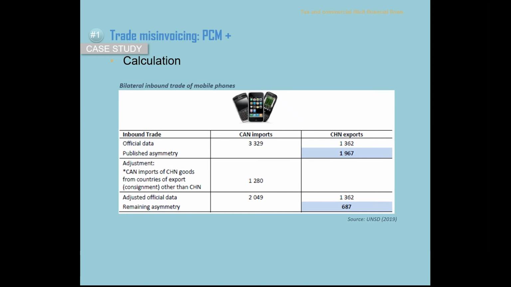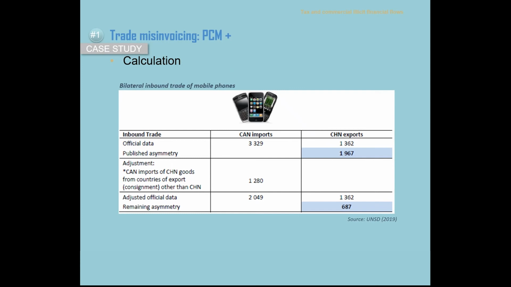We see that Canadian imports amount to 3,329. These are million US dollars, I believe. So we have 3.3 billion of imports for Canada, whereas the corresponding Chinese exports are only amounting to 1.4, which means that the published asymmetry is nearly 2,000.